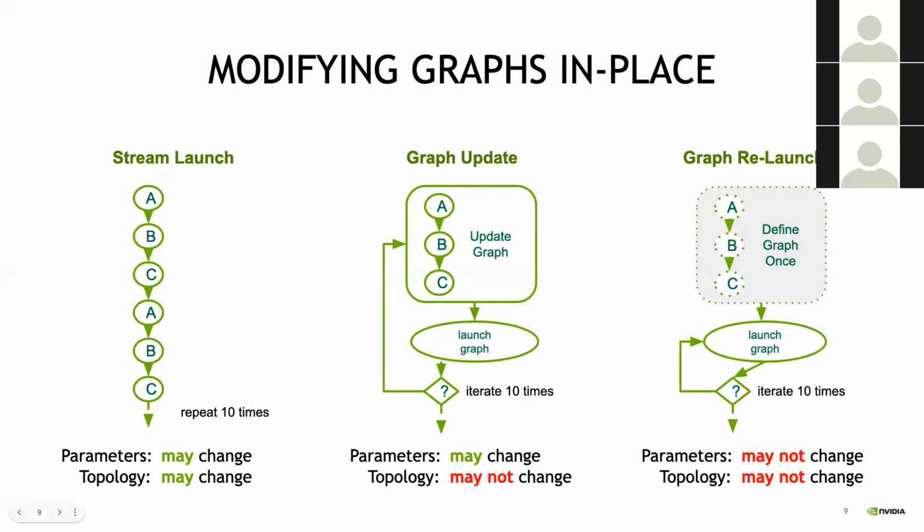We mentioned before that stream launches set up and launch per operation, letting you change the parameters and organization each time freely. This is your typical way to launch CUDA operations, as you've seen many, many times before.